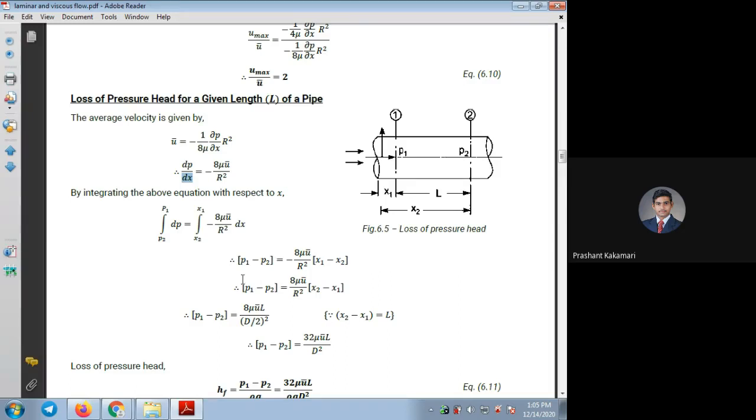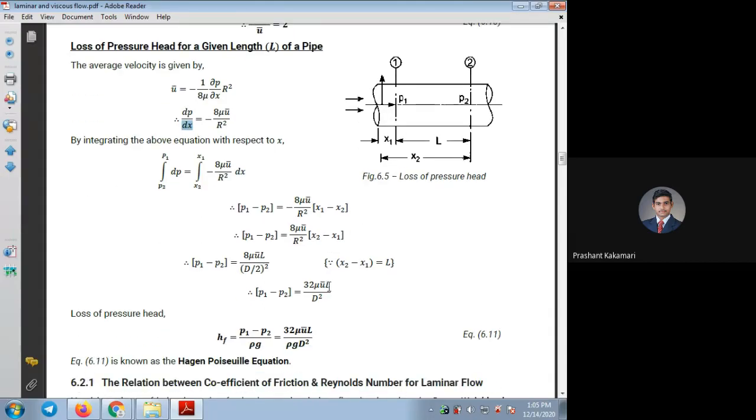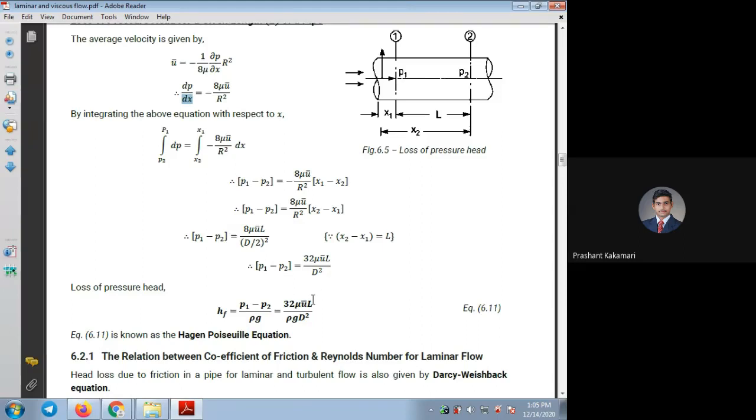So it will be P1 minus P2 equal to minus 8 mu u bar divided by r square into bracket. How is x changing? X is changing between x2 and x1, so that is written as x1 minus x2. For simplifying, you can see x2 minus x1.